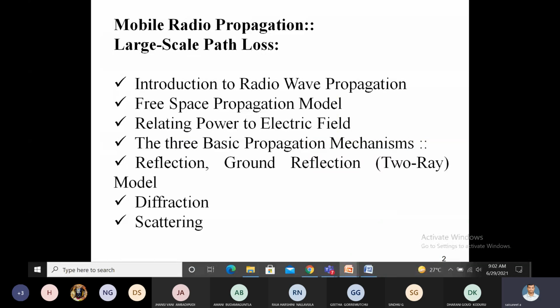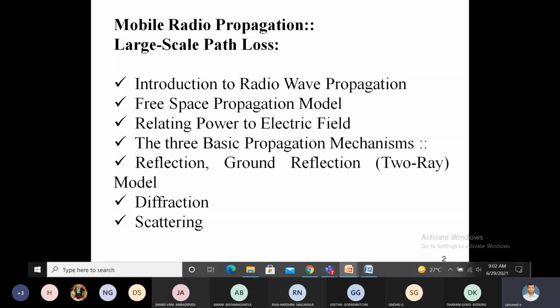Here in this unit, we discuss the introduction to radio wave propagation, free space propagation model, relating power to electric field, three basic propagation mechanisms, that is reflection, diffraction, and scattering.